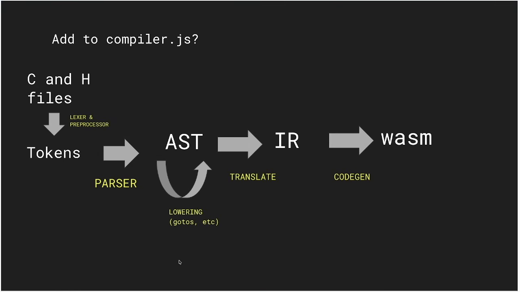I'm in the process of adding an IR phase that is essentially like a tree structure. So the AST is a tree structure that mirrors the C code. The IR is meant to be a tree structure that better resembles the WebAssembly code.